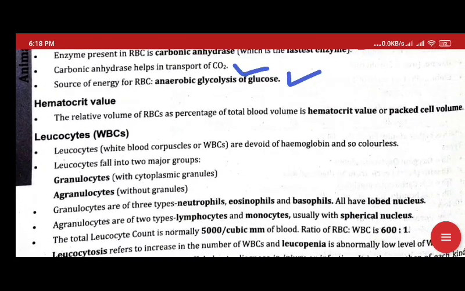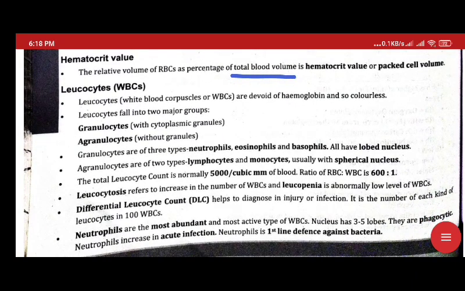Now hematocrit value means RBC volume in the packed type of total blood volume. Now WBC is leukocyte. What is it called? Protecting cell, or immune response. Here there are two types, granulocytes and agranulocytes, differing by nucleus nature.